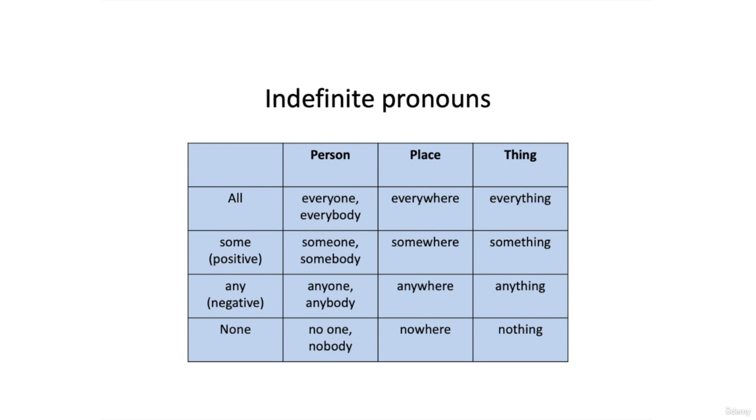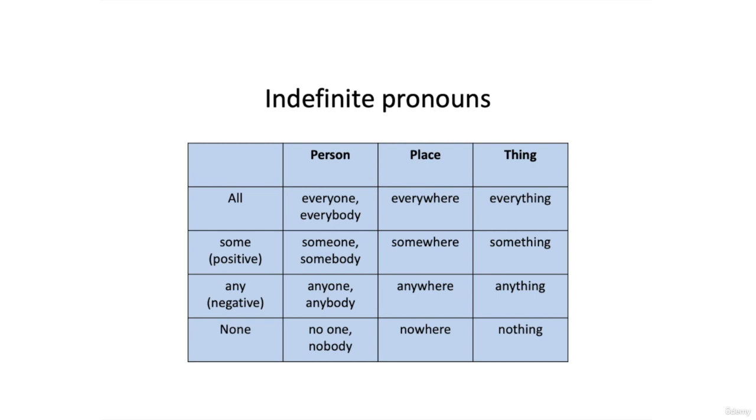To speak about all non-specific people or things, we use everyone, everybody, everywhere, everything. To speak about a non-specific person, place, or thing in a positive sentence, we use someone, somebody, somewhere, something.